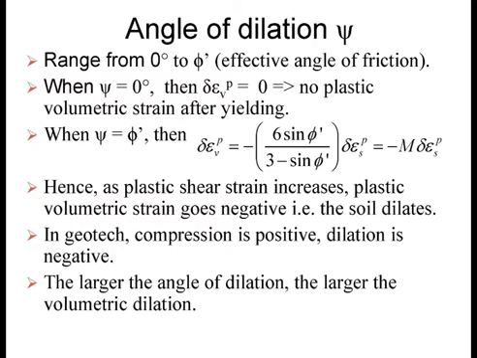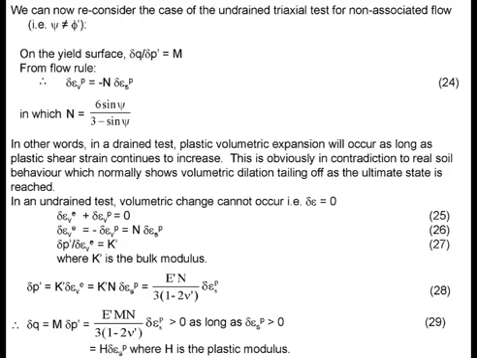So the question is, what would happen if the angle of dilation is not equal to the angle of friction? In fact, the situation is similar and we can do a similar set of calculations. What would happen to the stress strain curve and the stress path?